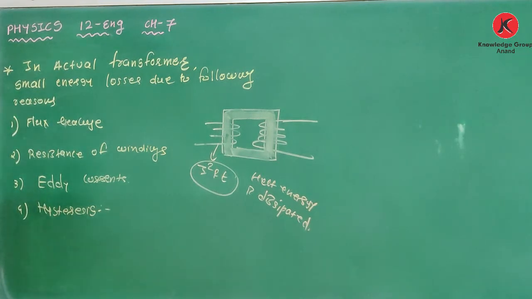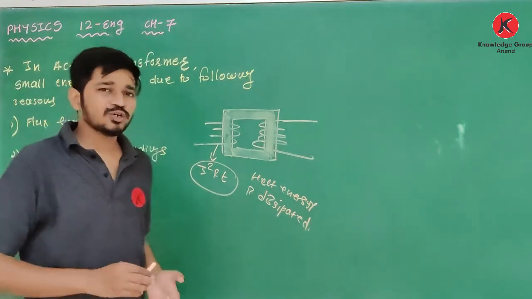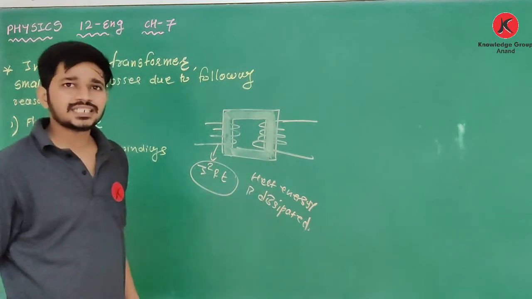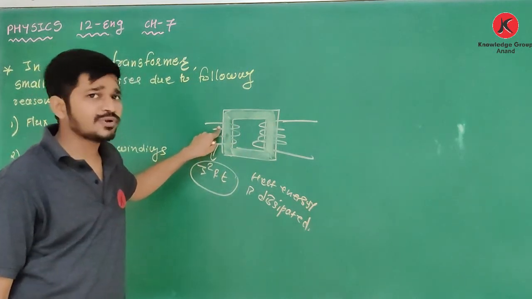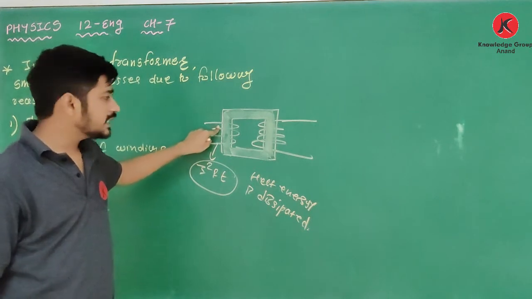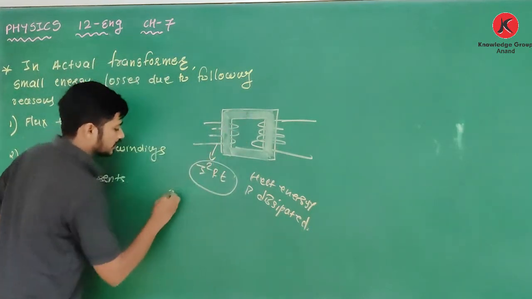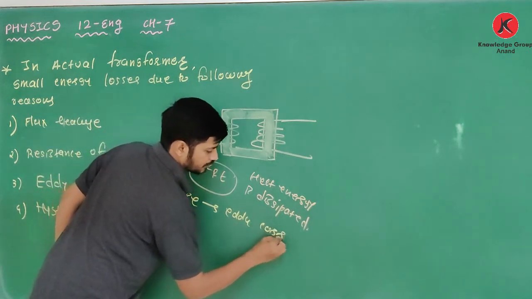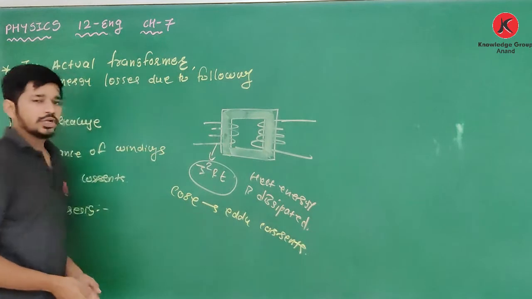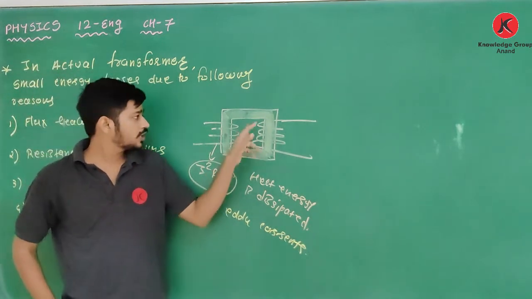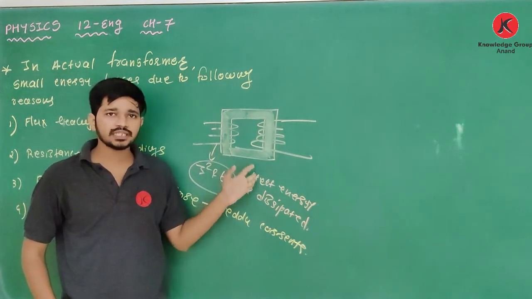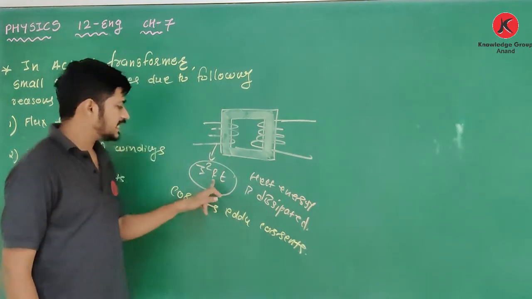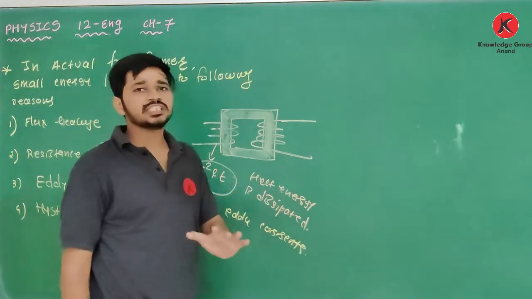Third one, eddy currents. From chapter number 6, we know that whenever a conductor is placed in a varying magnetic field, eddy currents are produced in the core. They are circulatory currents. Inside the core material eddy currents are produced, and due to them, again according to I square RT, heat energy is produced.